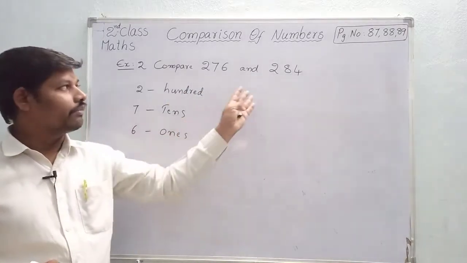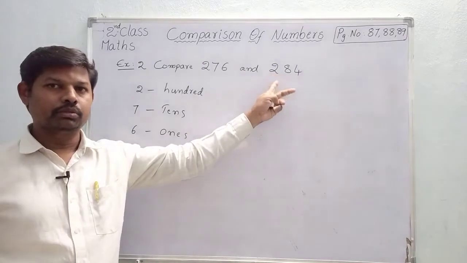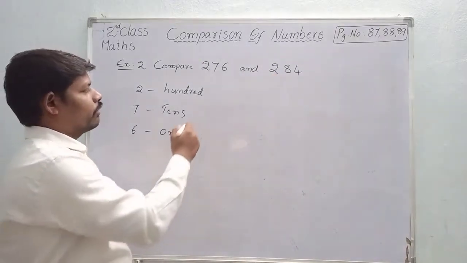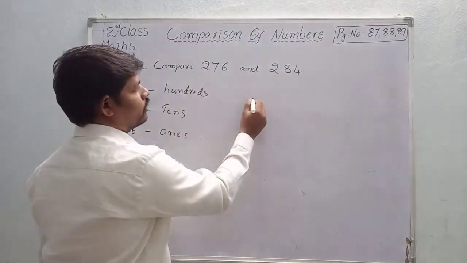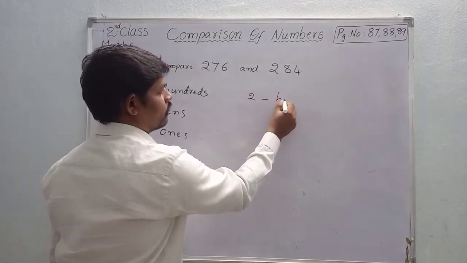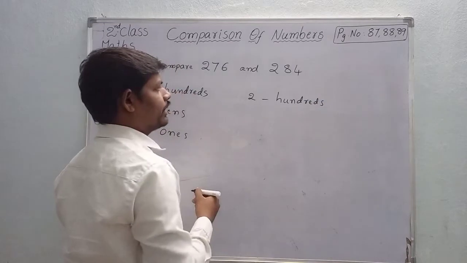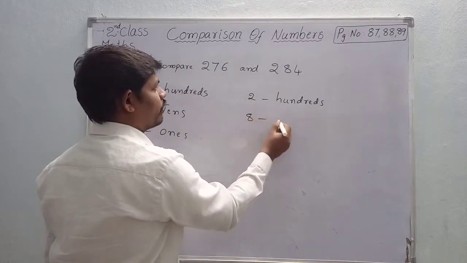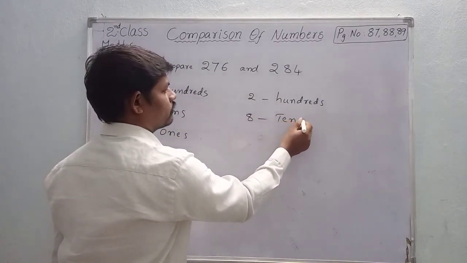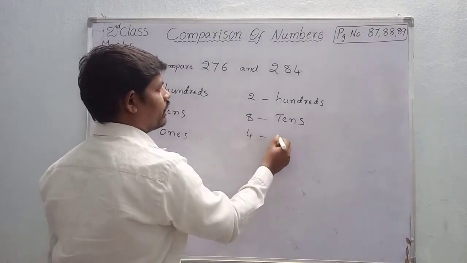And when you go to another number 284, how many hundreds are there? 2 hundreds. Here also hundreds how many? 2 only. Tens how many? 8. Ones how many? 4.